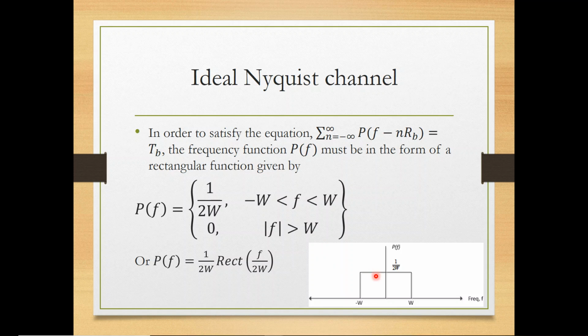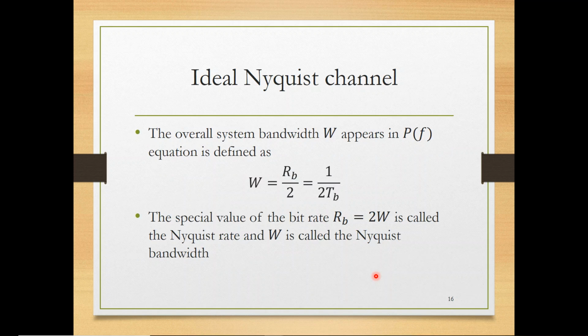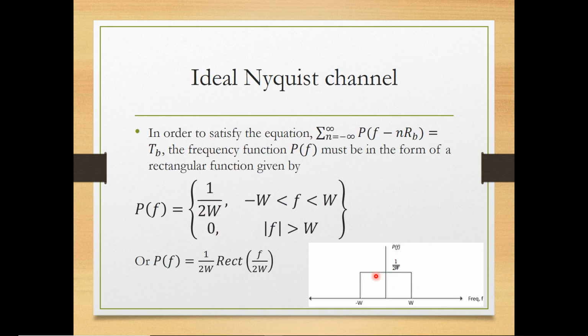So at each RB, which is equal to 2 multiplied by W, you take a sample at the peak of the pulse, so that you avoid getting intersymbol interference from the adjacent pulses.